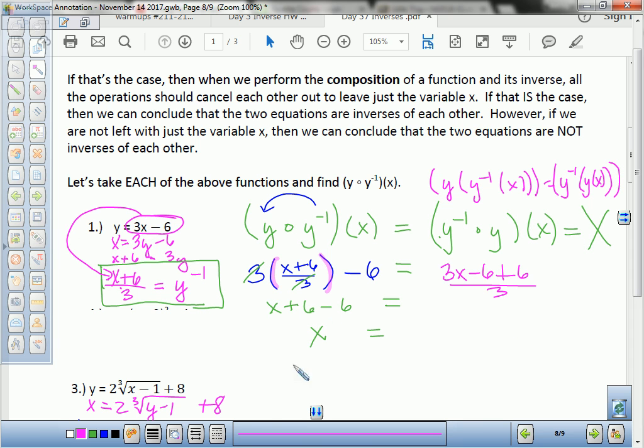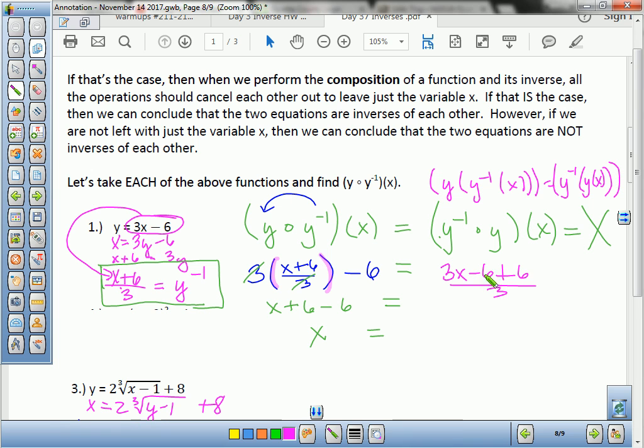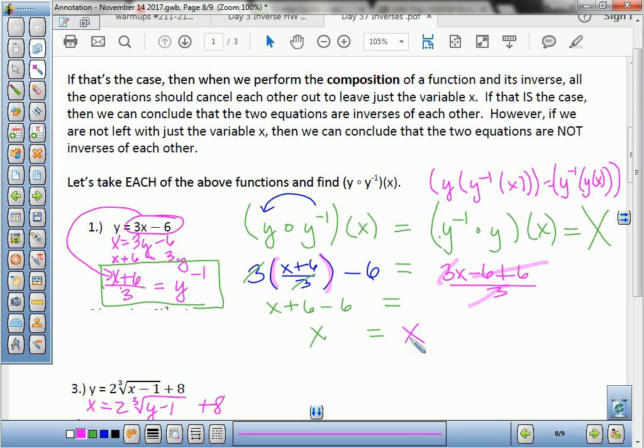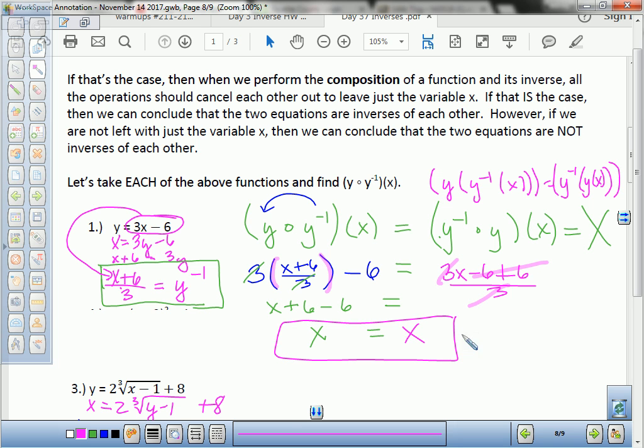What happens with the plus and minus 6? They cancel. What happens to the 3's? Cancel. And what are we left with? x. Whoa. So whether I did y inverse of y of x or y of y inverse of x, both ways I got x. They are inverses.